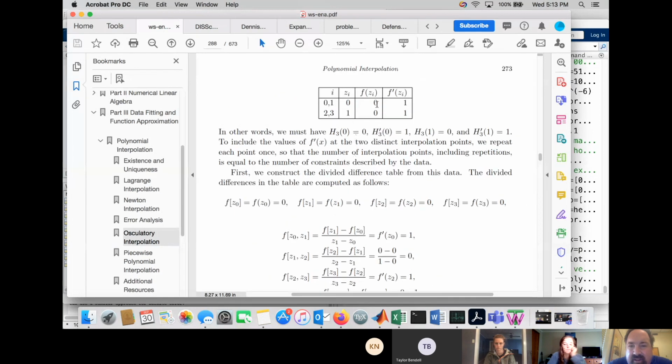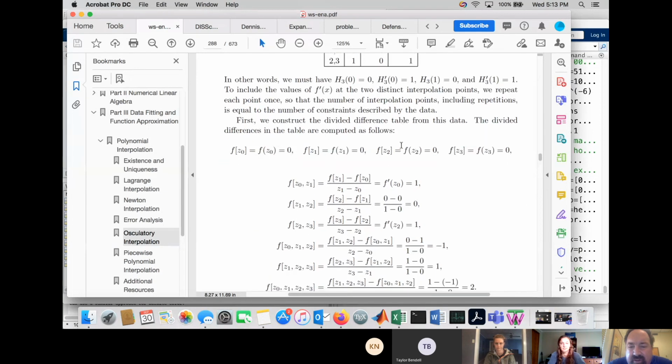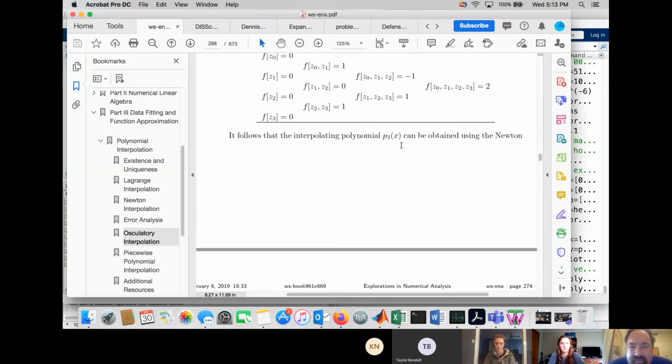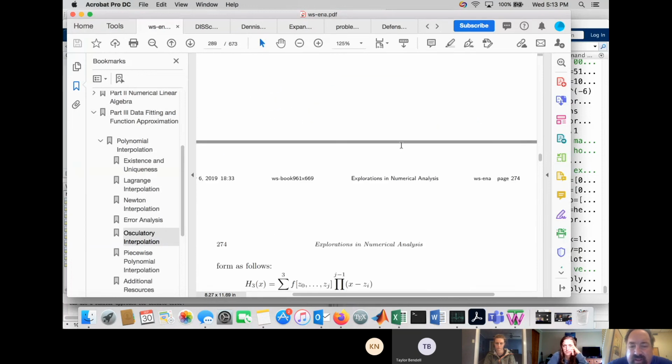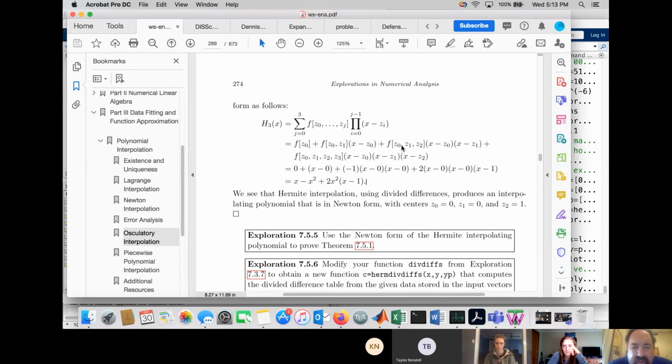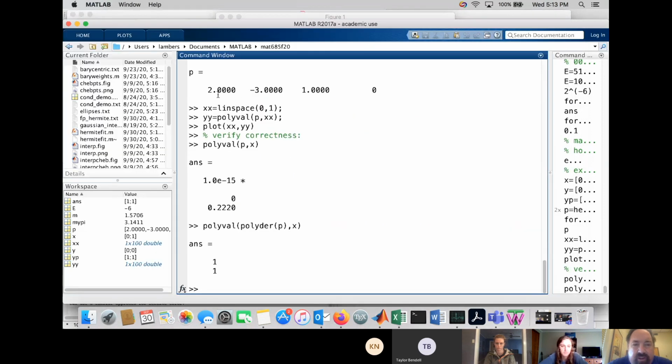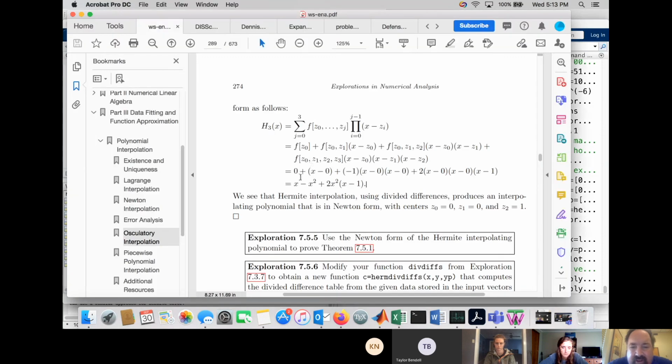Let's see. Yeah, that's the data. So I need to find out. Okay. So my coefficients are 2x cubed minus 3x squared plus x. So I actually have almost everything right.